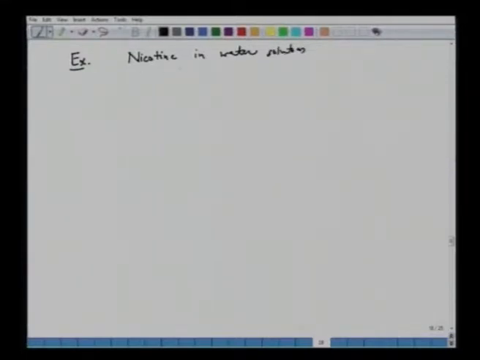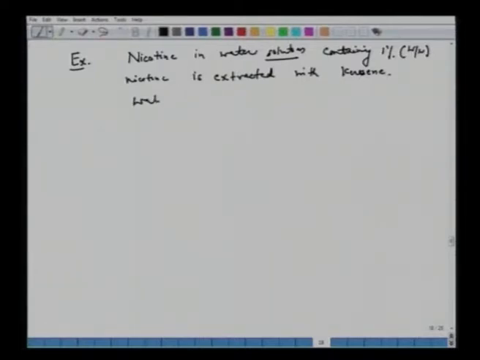So that means we have a nicotine plus water solution containing 1% weight by weight nicotine, which is extracted with kerosene. And we make a note that water and kerosene are considered to be insoluble.